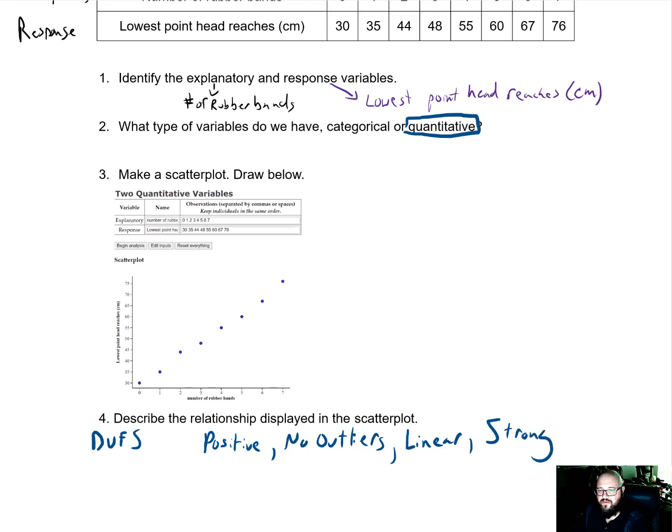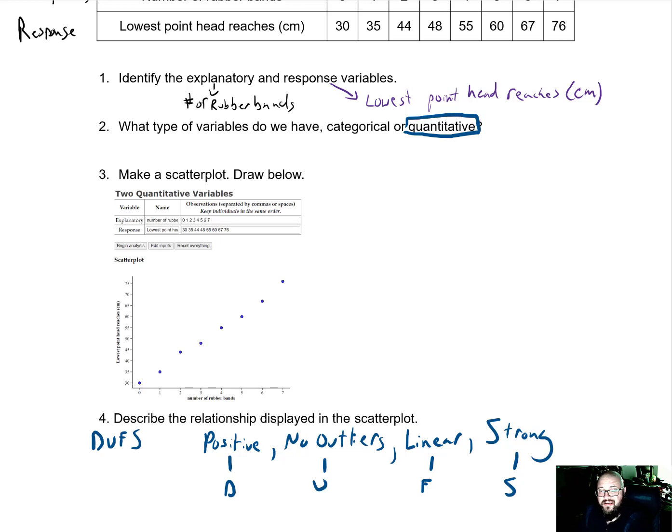So again, for direction, we have positive. For the outliers, we have none. For the form, we call it linear. And for the strength, we're going to say it's strong.